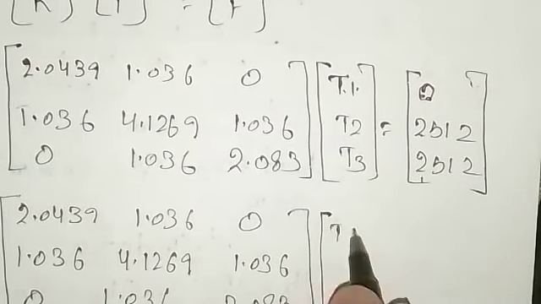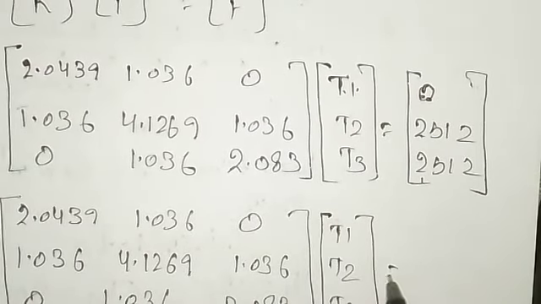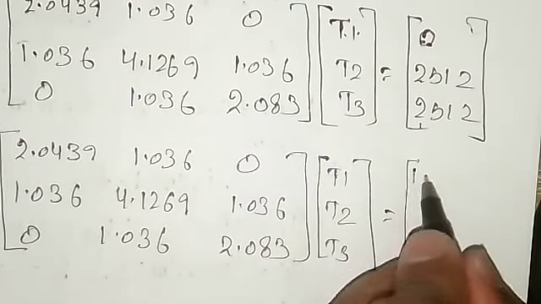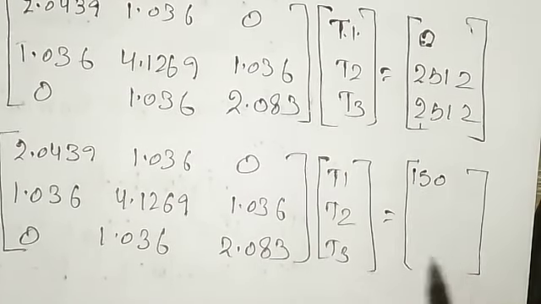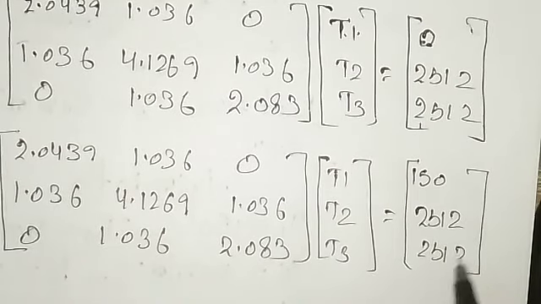And T1, T2, T3. As T1 we know, here in place of F1 we will substitute the node temperature, that is the known temperature, and this is 2512 and 2512.